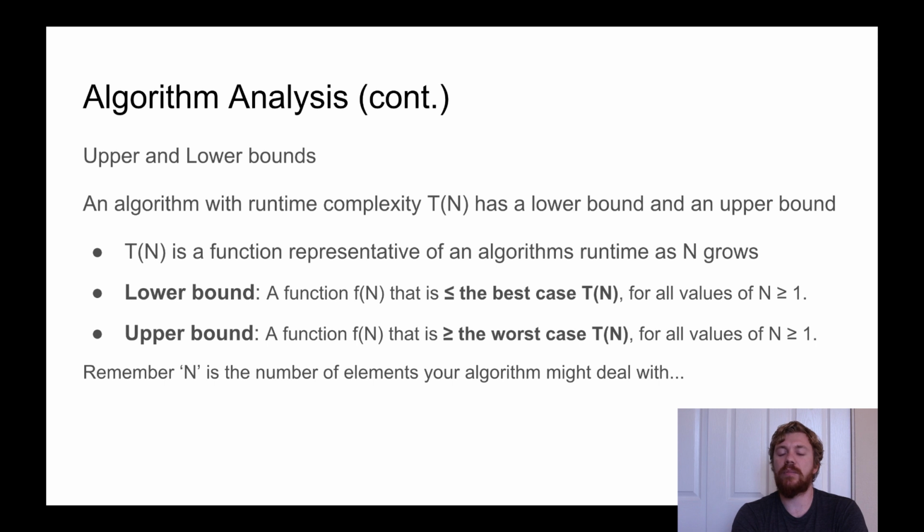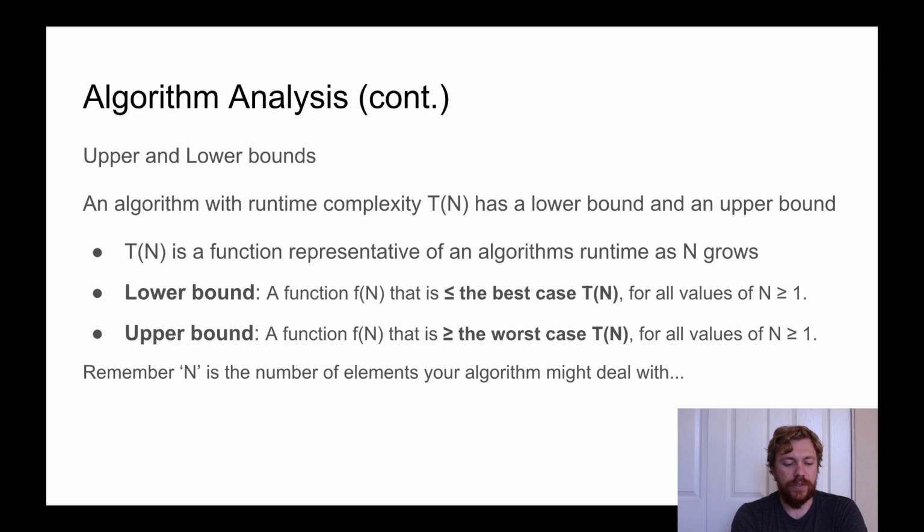And T of n is basically a function based on n. It's a function that's going to compute the runtime, so how long it takes for a particular algorithm to run. And so this T of n has a lower bound and an upper bound.